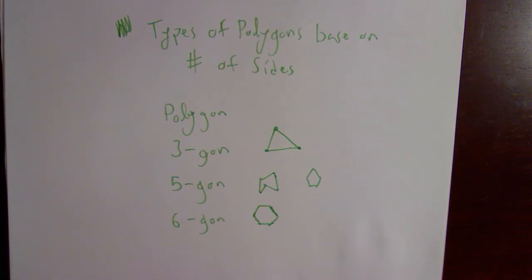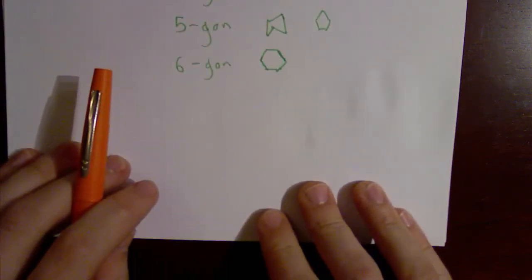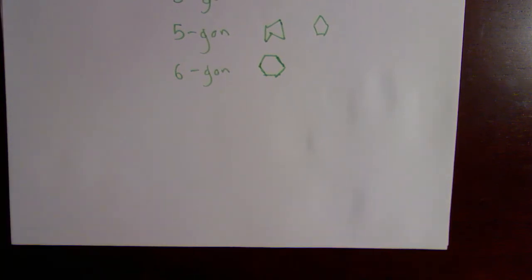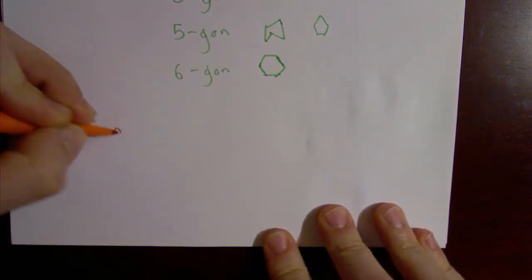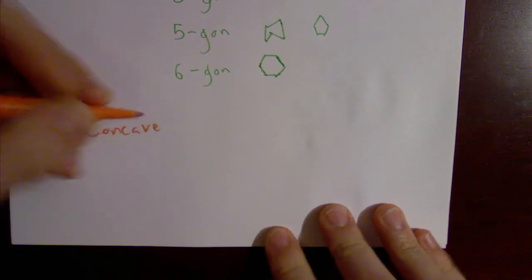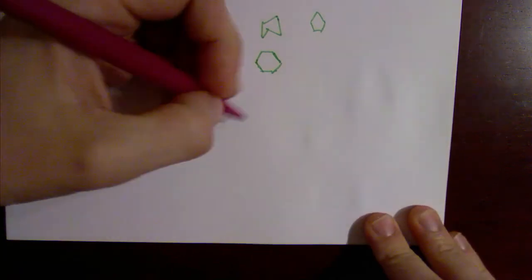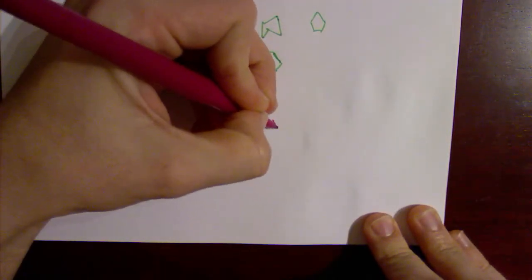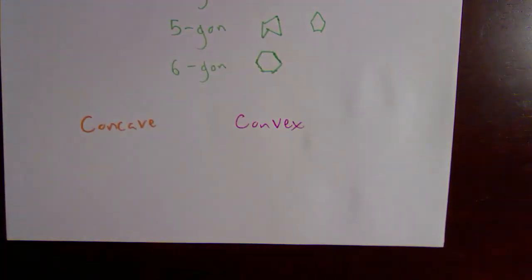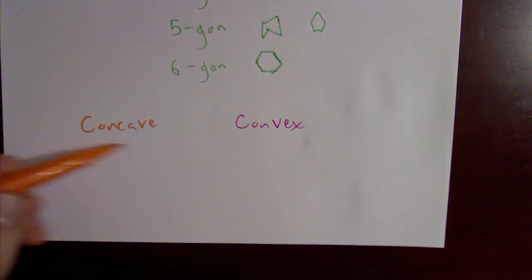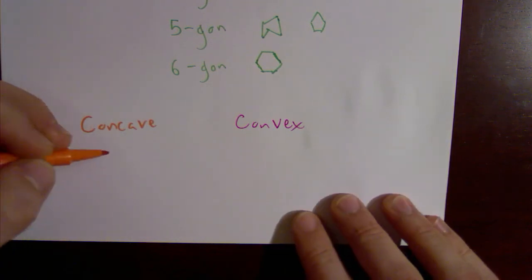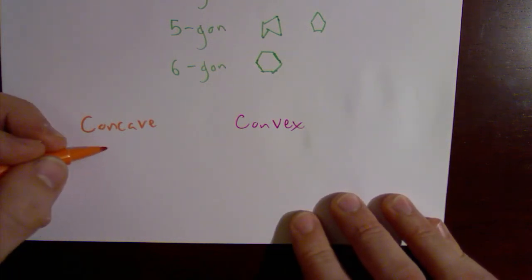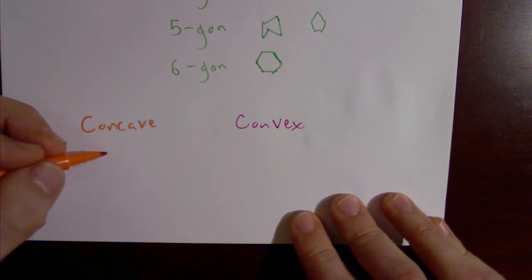Now, a couple more things. We have to learn the words concave and convex. These are both types of polygons. The way I like to think of this is that a concave polygon has some sort of cave in it.